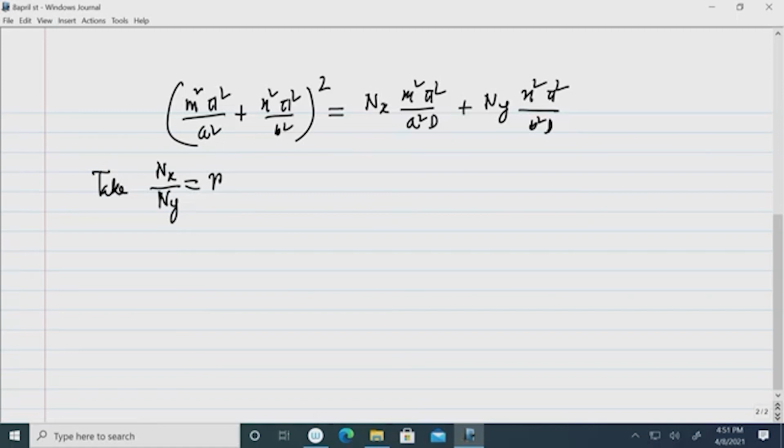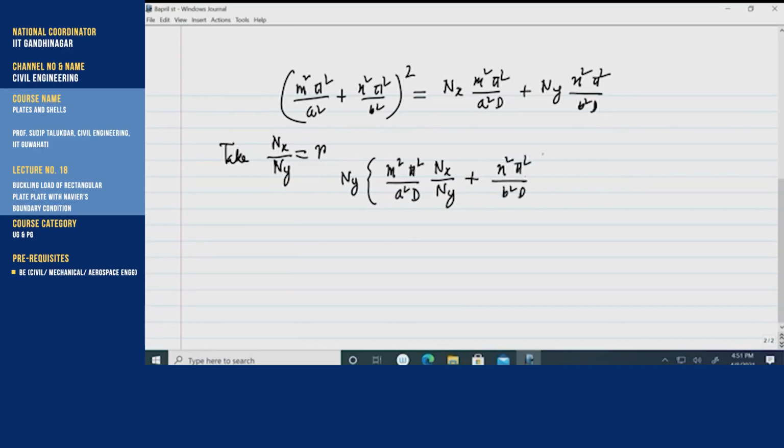Okay. So, if I take this as R, then I can write N_y times m² π² / (a² D) times N_x by N_y plus n² π² / (b² D), and on the right hand side I can write π⁴ (m² / a² + n² / b²) whole square.